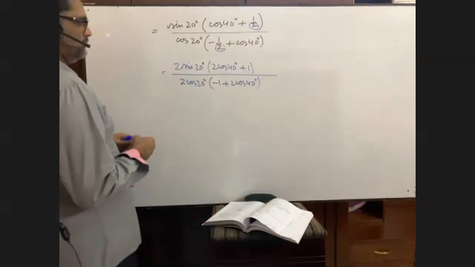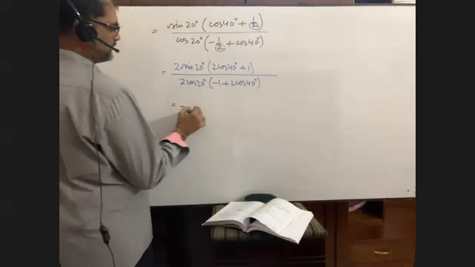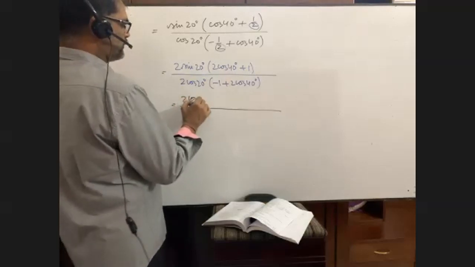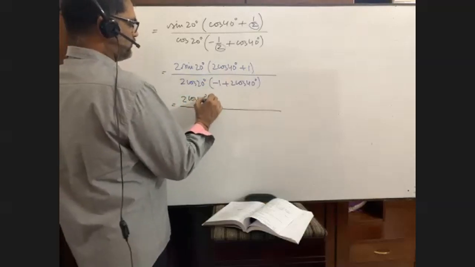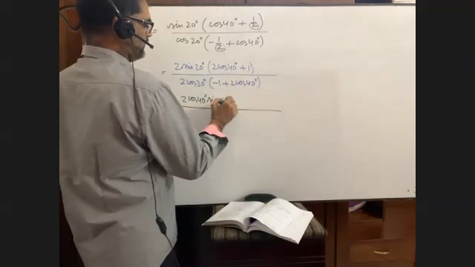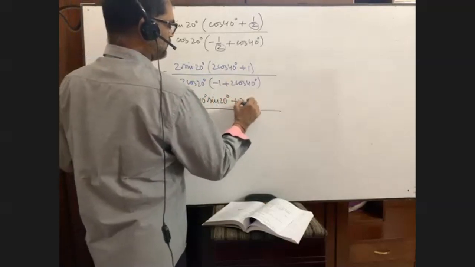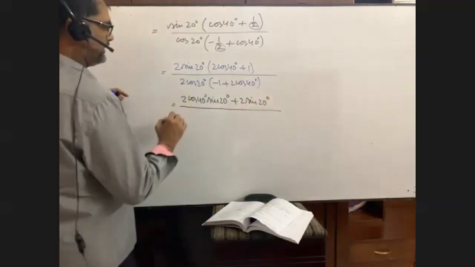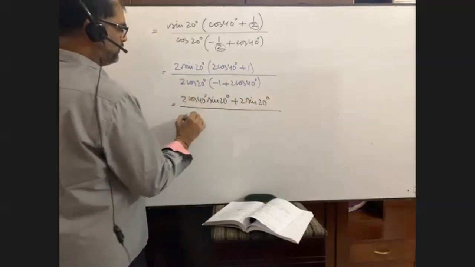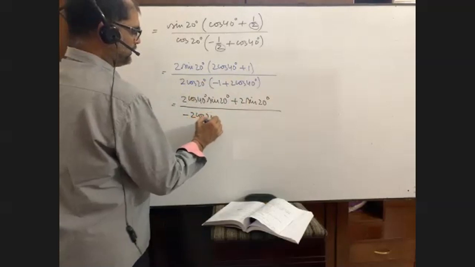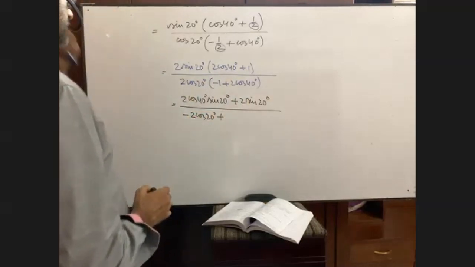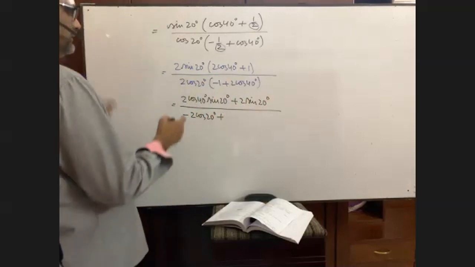Okay. Now, what should be done? Can you tell me, please, to multiply? 2 cos 40 degree sine 20 plus 2 sine 20 by here minus 2 cos 20 degree plus, oh, I'm sorry, there is another 2, right?